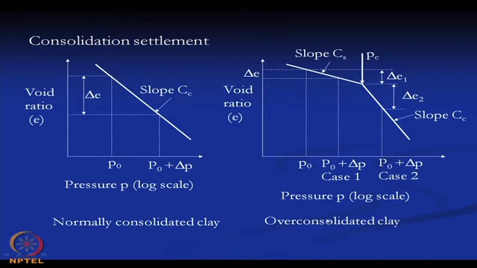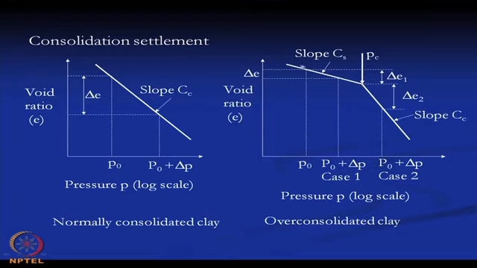Similarly, we can draw a similar curve for the over consolidated clay. This is the typical e versus log P curve, and here is the point where we got the Pc value, and how we locate this point, how we get this Pc value, we have already explained.